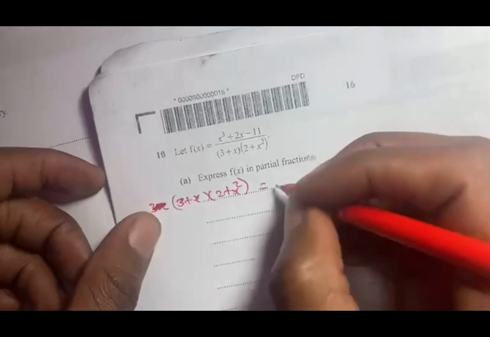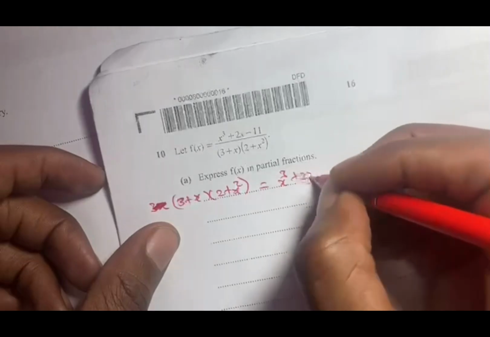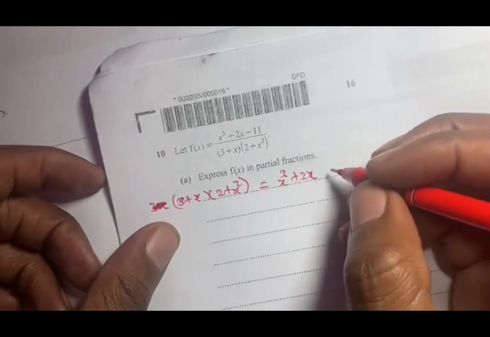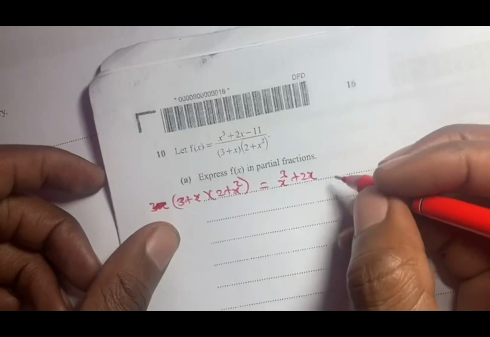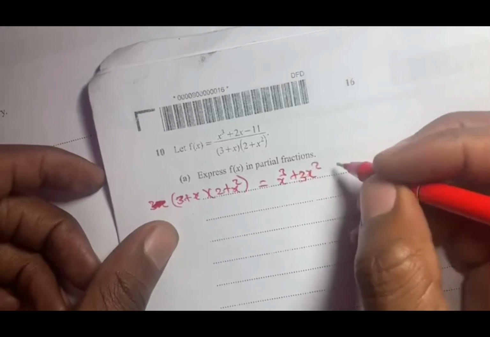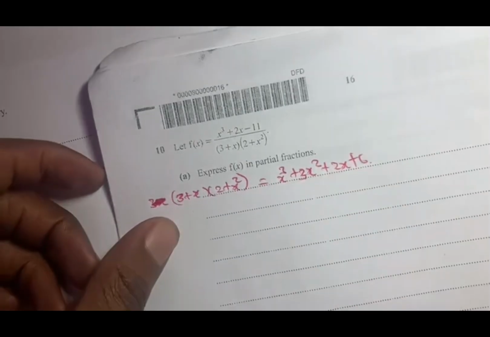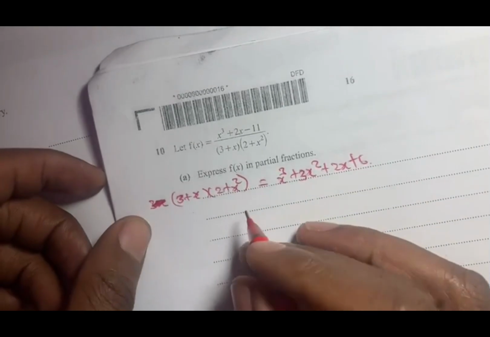If we expand it, we're going to come up with x cubed plus 3x squared plus 2x plus 6. Okay, so that's the expansion.